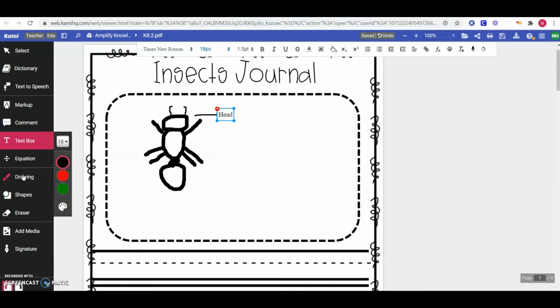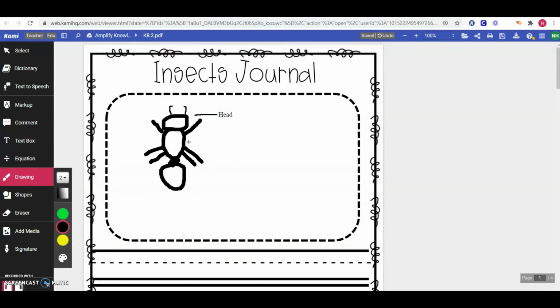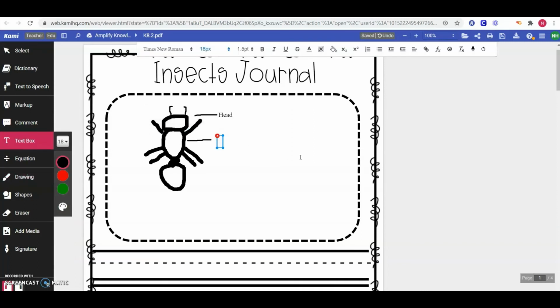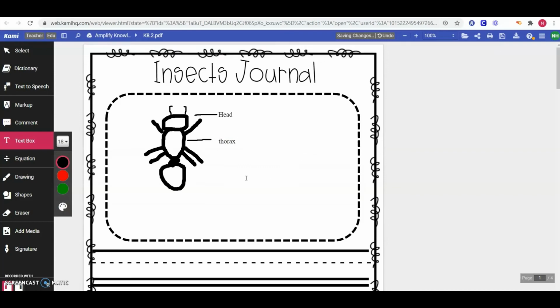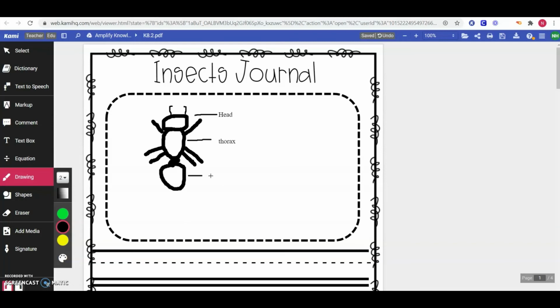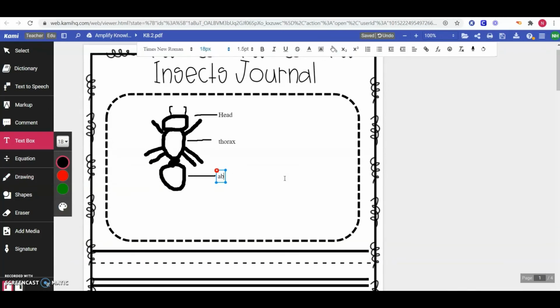The head, the next part, this middle section, is what? It is the thorax. After the thorax, we have this next section, which is called the abdomen.